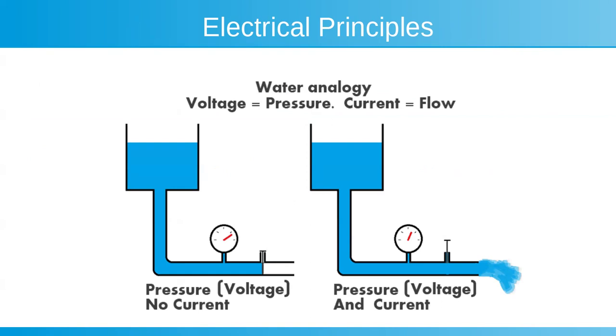So we still have the same voltage, and now we have current flow. And just like a battery in the real world, as that tank lowers because of the water flowing out, the voltage, or the pressure, is going to drop. Same thing happens in a battery. As you use up the energy in the battery, the voltage decreases because you've got less charge difference in it.